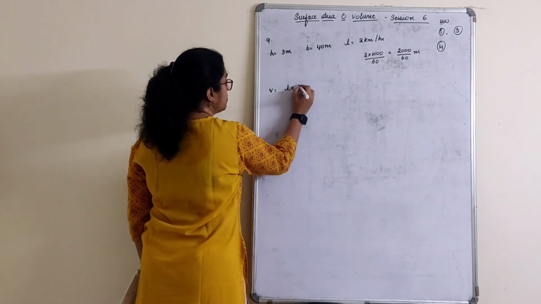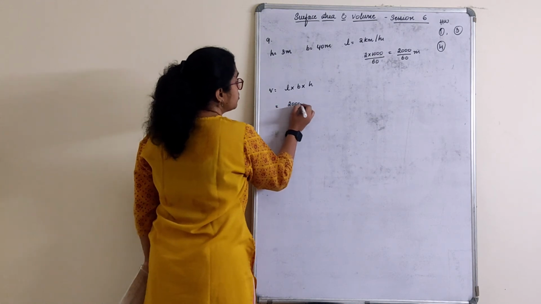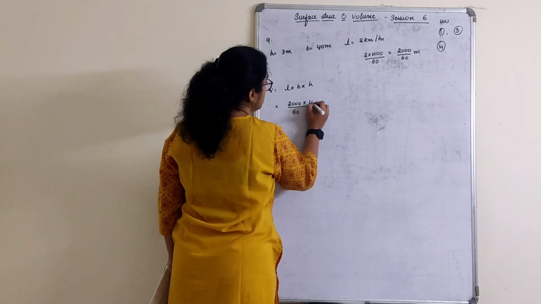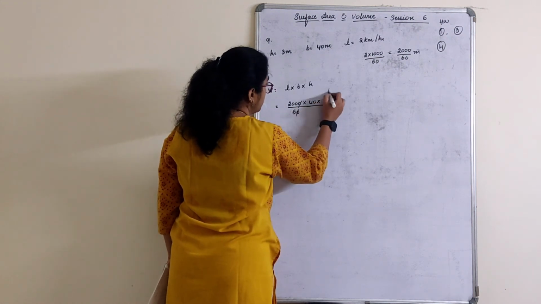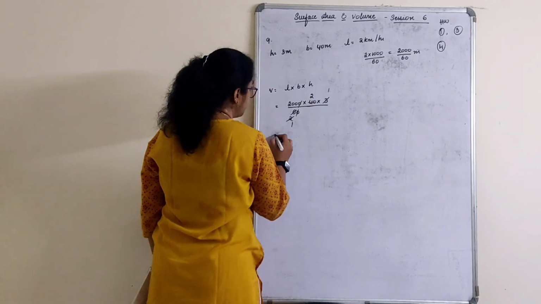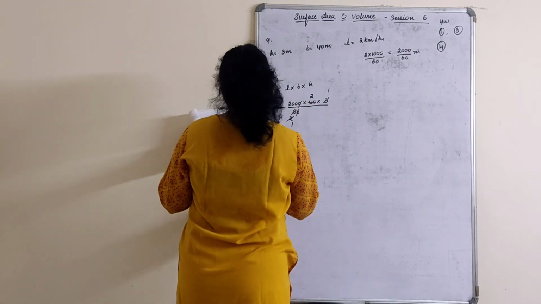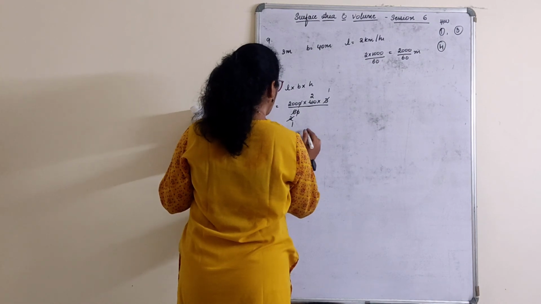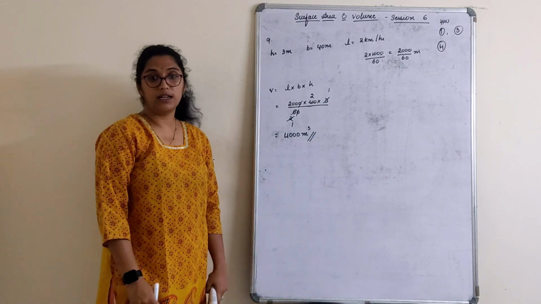Volume is equal to length into breadth into height. Length is 2000 by 60, into breadth is 40, into 3. 0 and 0 cancel, 3 ones are 3, 3 twos are 6, so 2 twos are 4. 4000 meter cube is the answer.